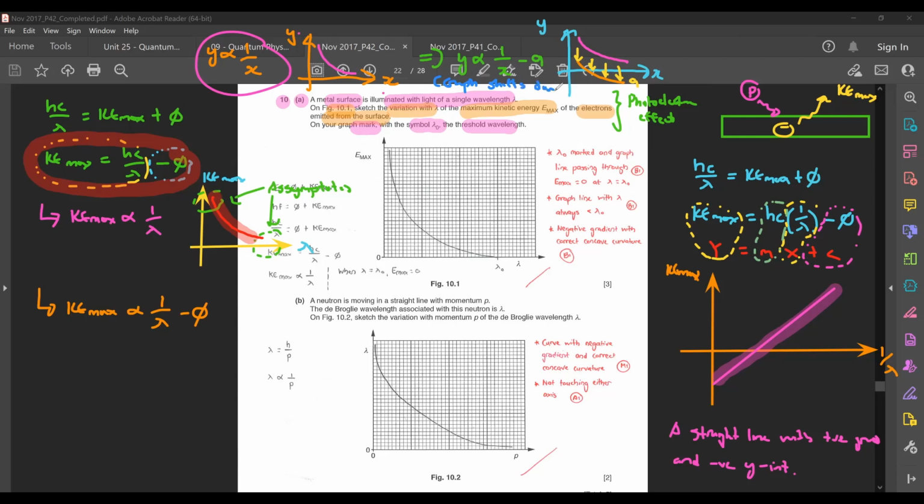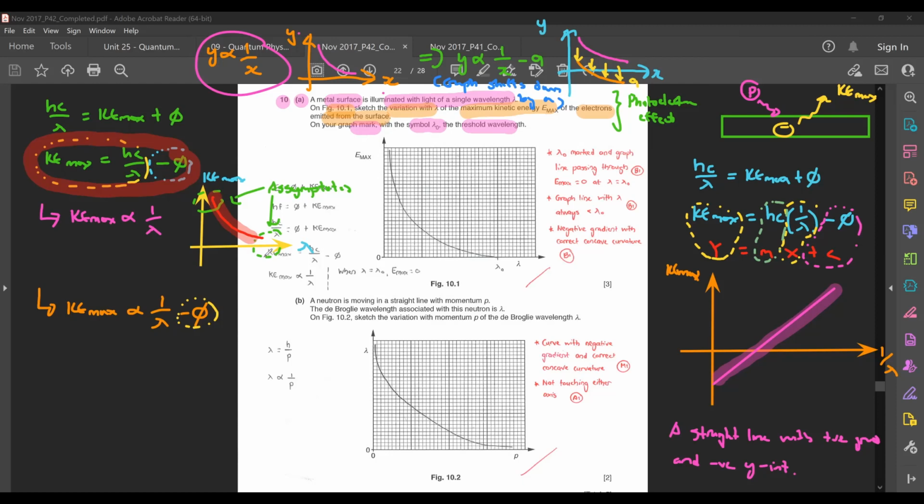So it's a similar reasoning when you're talking about your KE max versus lambda. Because you have a minus phi here, you could say that your entire graph is actually going to be shifted downwards.